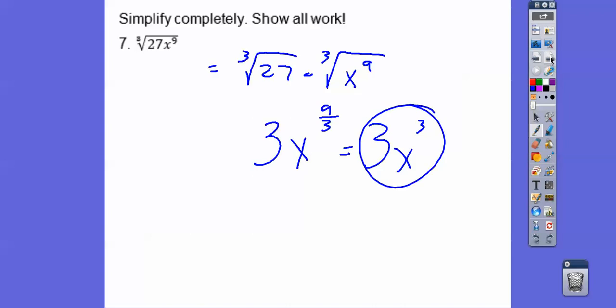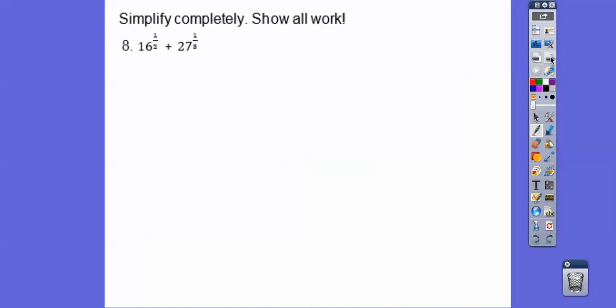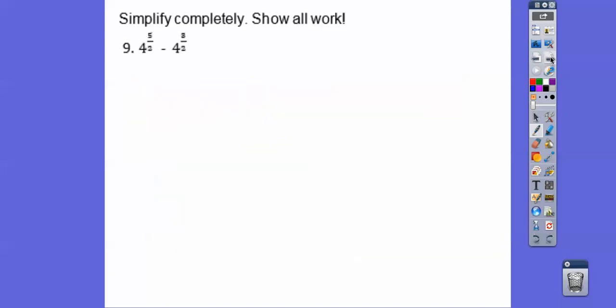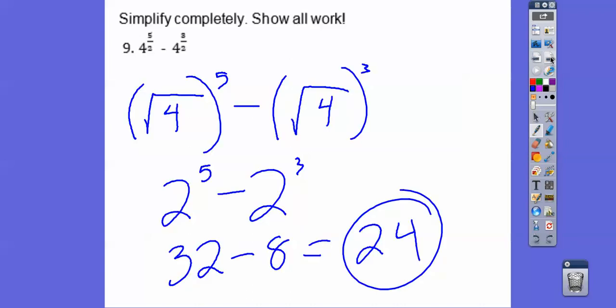Okay, all right, so simplify. So the cube root of 27 times the cube root of 9, and then bing, bang, boom, you should get that. Okay, 16 to 1/2 is the same as the square root of 16. 27 to 1/3 same as the cube root of 27. Anyway, you should get 7. Okay, I am reading that as 4 to the 5/2 and then minus 4 to the 3/2.